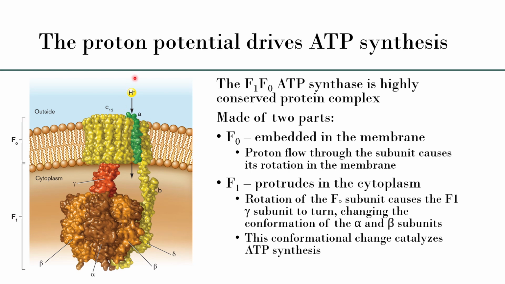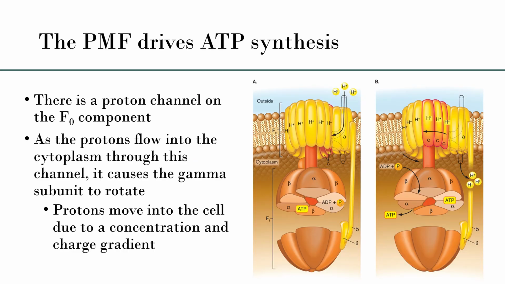So the power is from the hydrogens flowing and spinning this turbine. That turbine then sends its energy down into the F1 complex, where it causes conformational changes in the subunits to basically take an ADP and an inorganic phosphate and pop them together, and that makes ATP.